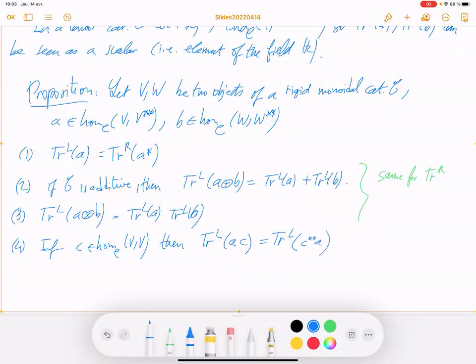Trace of AC is trace of C double dual A. And the right trace of AC is equal to the right trace of the double right dual of C times A. So in fact, this notion of trace has all the good properties of what you can expect from a trace, generalizing the trace of a matrix.